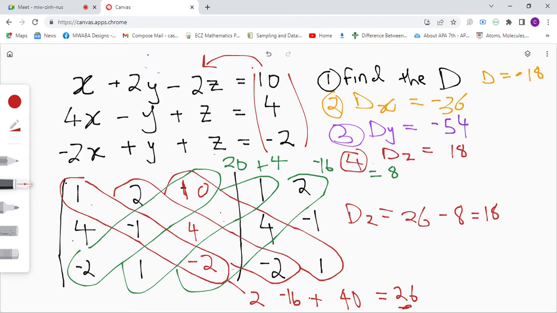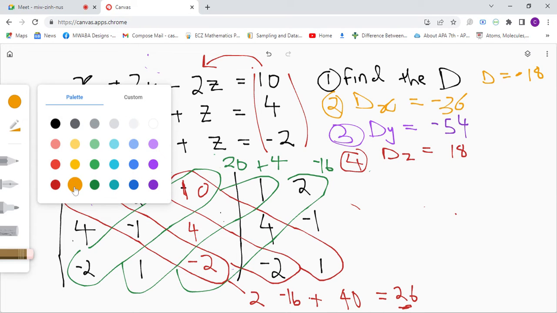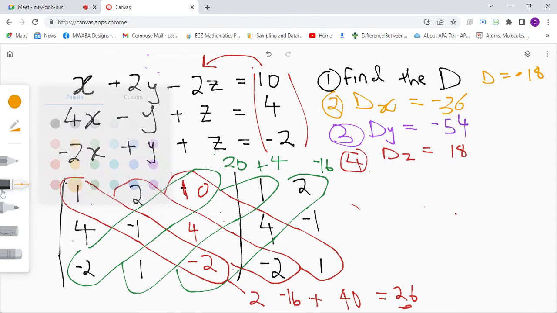Now, since we have found our dx, dy, dz, we can now find our values of x, y, and z. So what we're going to do, all right, let me just erase here. We're going to say the value of x is going to equal dx divided by d.